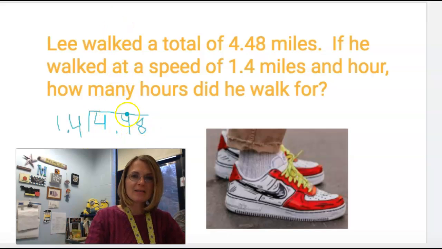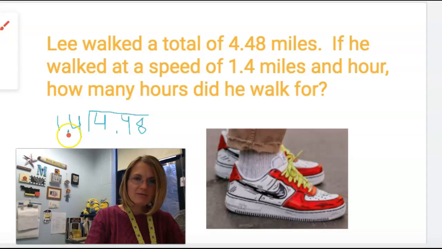It's not always the bigger number, so make sure you pay attention to what is being divided, okay? So we're dividing the miles by how many we go each hour to figure out how many hours we've gone. So when you're doing this kind of problem, we're going to look out here and see there's a decimal here. If there's a decimal in the divisor, we need to move it to the end. Okay, and then we're going to move this one over one place.